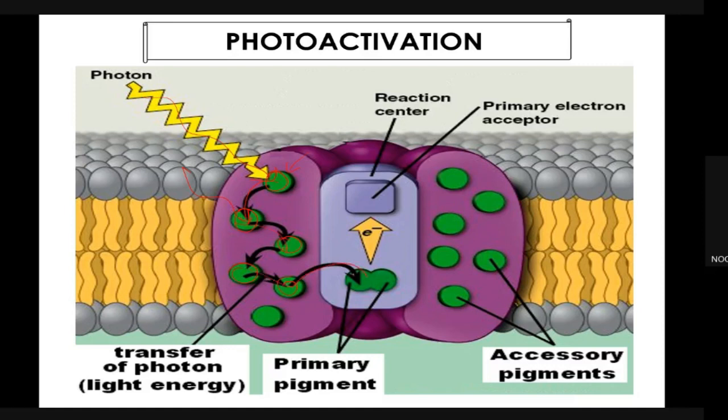So the reaction center becomes more energetic, more reactive, and the electron is then photoactivated to be excited and passed to the primary electron acceptor. So the electron from the primary electron acceptor will then be transported through a series of electron transport chain.